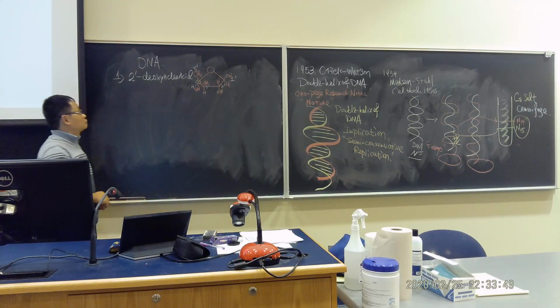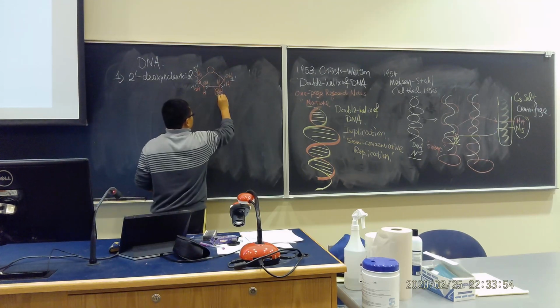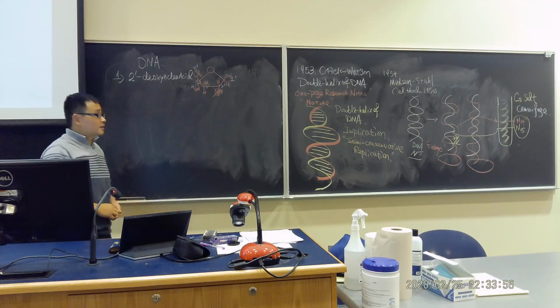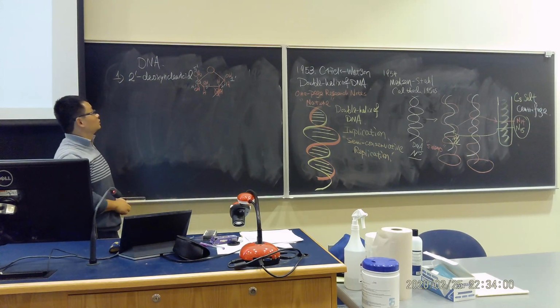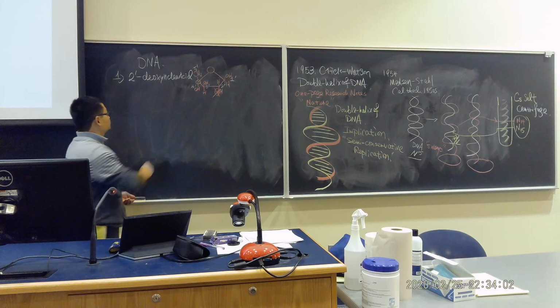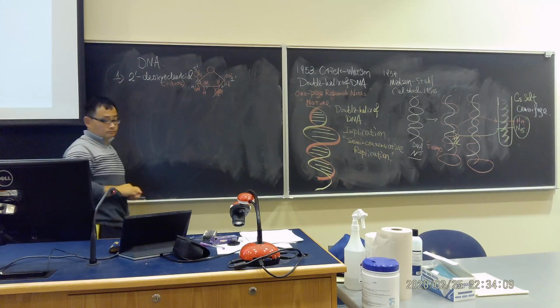Okay, what does 2 prime deoxy mean? This OH is gone. Otherwise, it's ribose. So that's why it's deoxyribonucleic acid, or deoxyribose. Okay? This is the first thing you need to know.